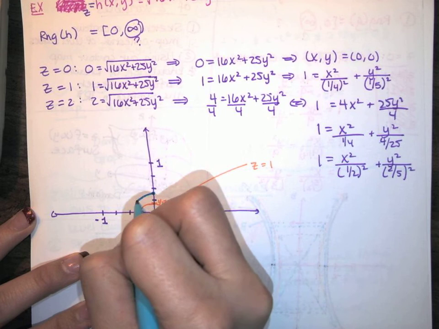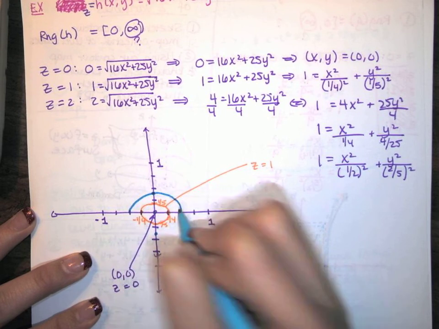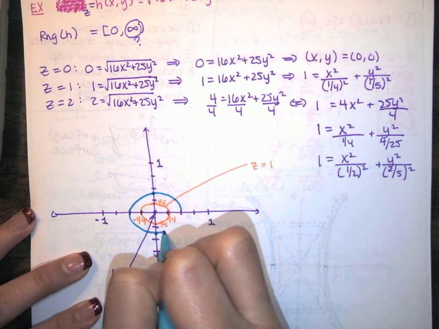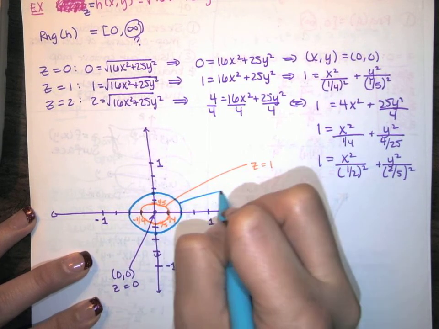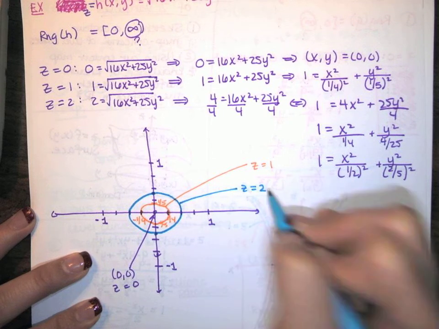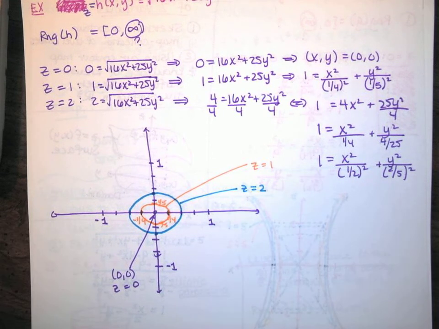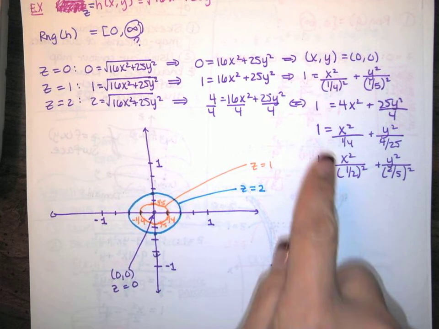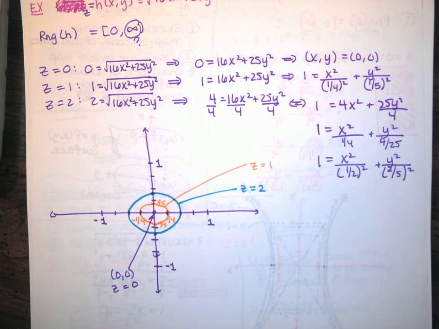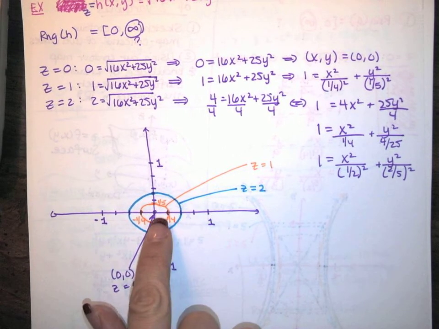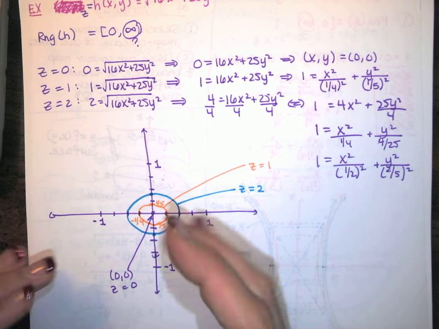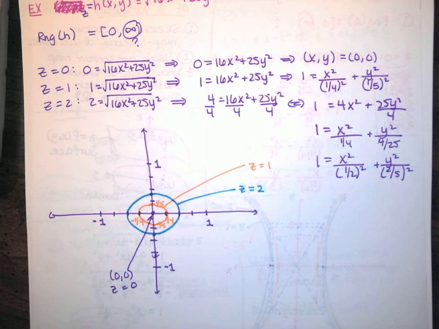I'm going to go to 1/2 in the x direction. All right. And I'm pretty sure if I increase these z's, I'm just going to get more and more ellipses. They're just going to get larger and larger and larger. So I've got a single point, an ellipse, a larger ellipse, and then another one.